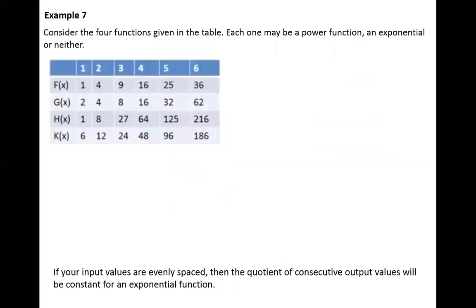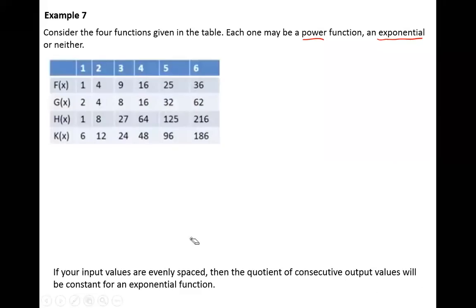Now we have a few functions and we have to find out which one is exponential, or power, or maybe we can't find a relation, then we say the function is neither. Consider the 4 functions given in the table. Each one may be a power function, an exponential function, or neither.